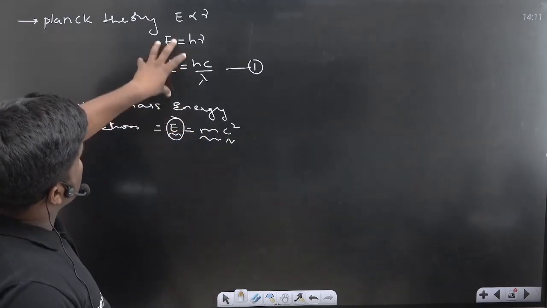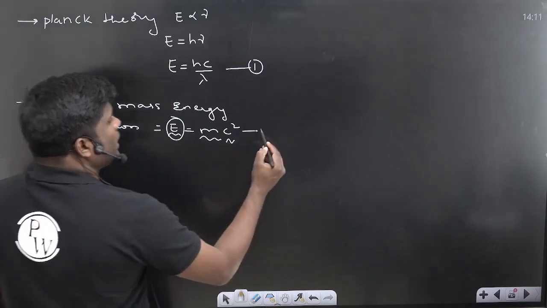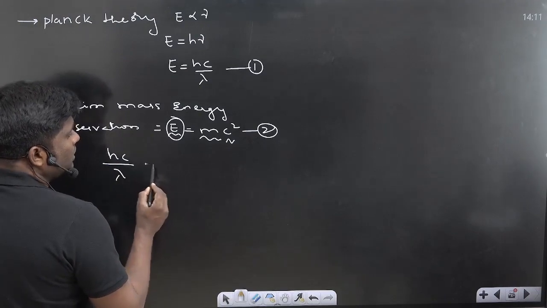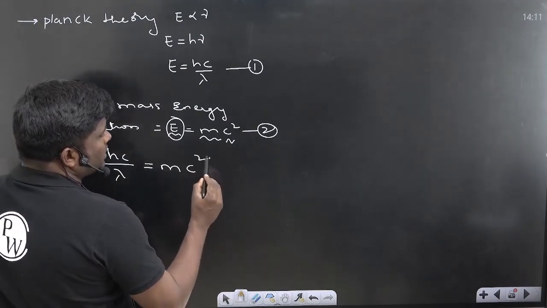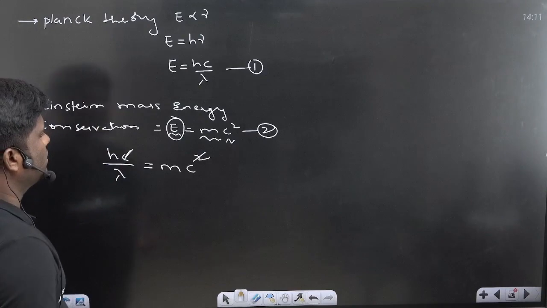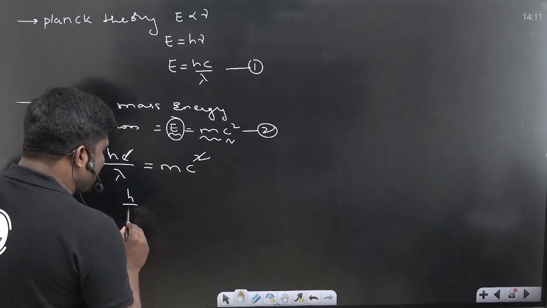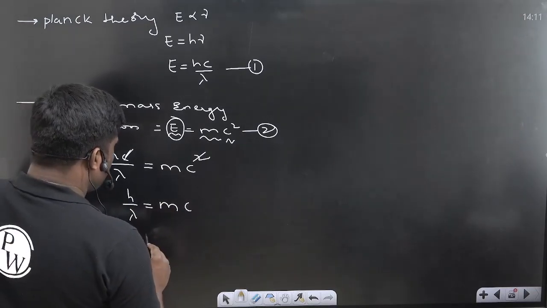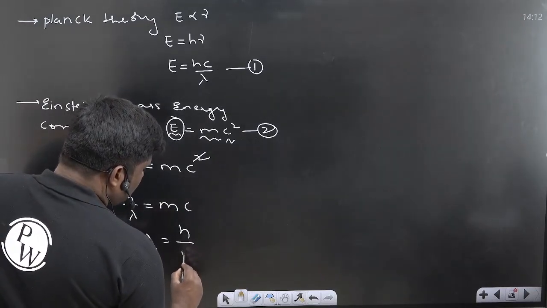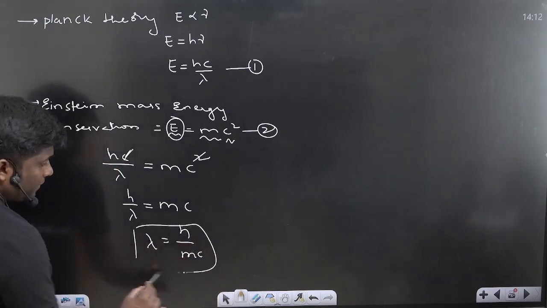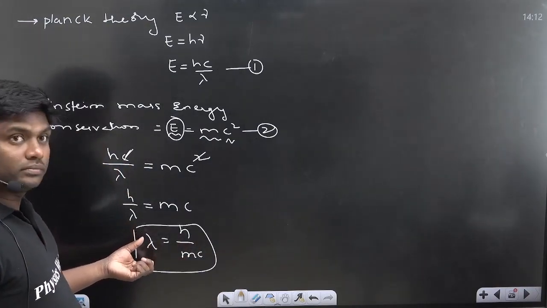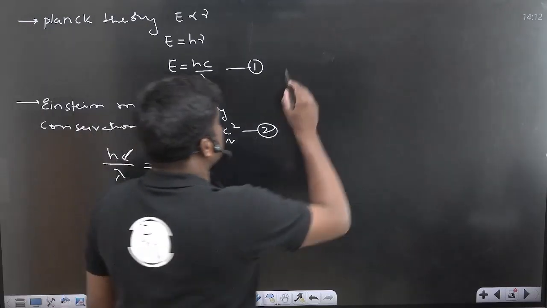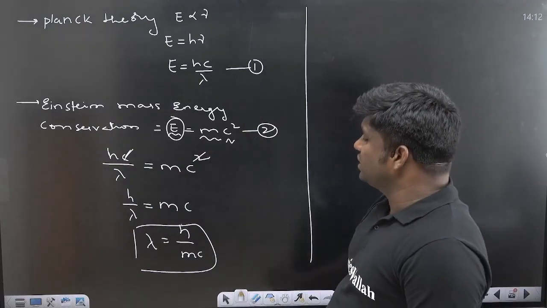So he combined these two equations. Equation 1 and equation 2 are both energies only. So hc by lambda equals mc square. This c square and this c will cancel, so h by lambda equals mc. Now lambda equals h by mc. The wavelength of the particle equals h by mc, where m is the mass of the body and c is the velocity of light.